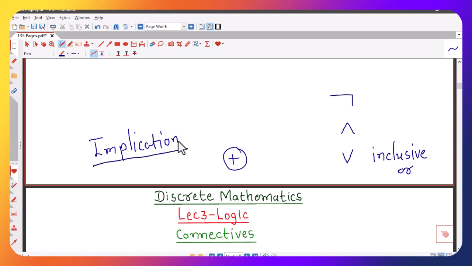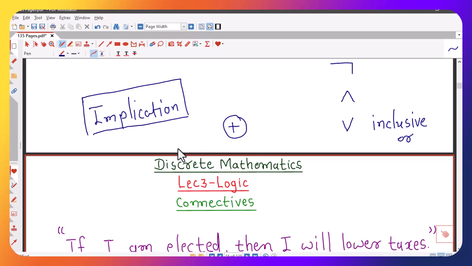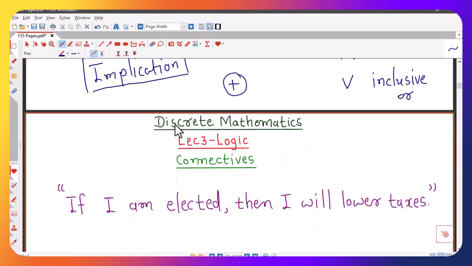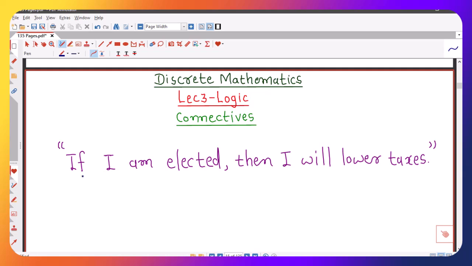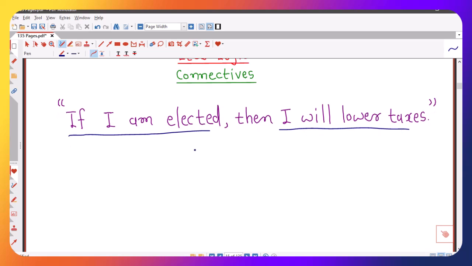We will understand what this implication logical operator is and what its truth table is, and we will see some examples of implication also. Before writing the definition of implication, we understand with the help of this example. I have taken this statement: if I am elected, then I will lower taxes. Here we have two statements which are combined.